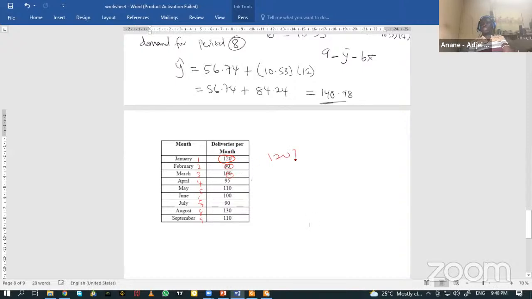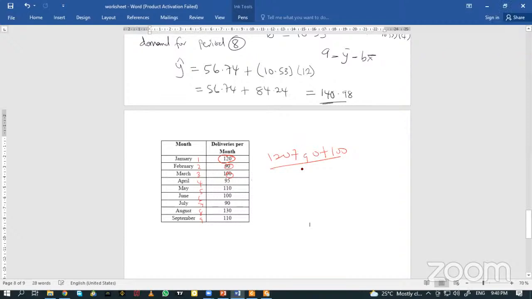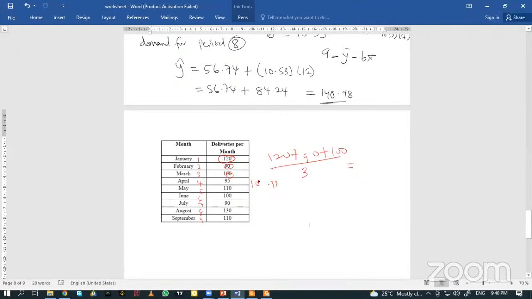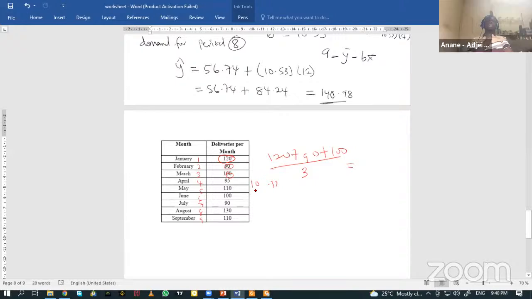So that is 120 plus 90 plus 100 over the number of months, because don't forget that it's a 3 months moving average. So we should divide it by 3. That is how we got the answer, which I think was 103.33. So that was for the first 3 months moving average. So we will use 3 months to calculate for the rest here.